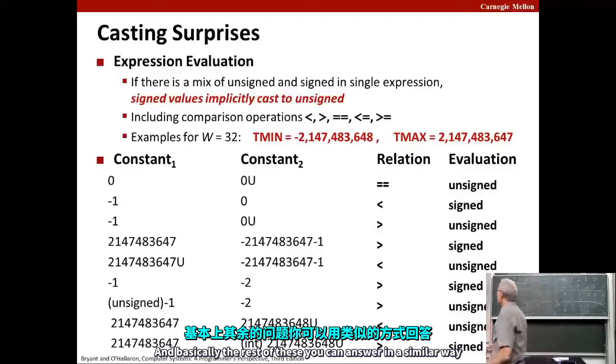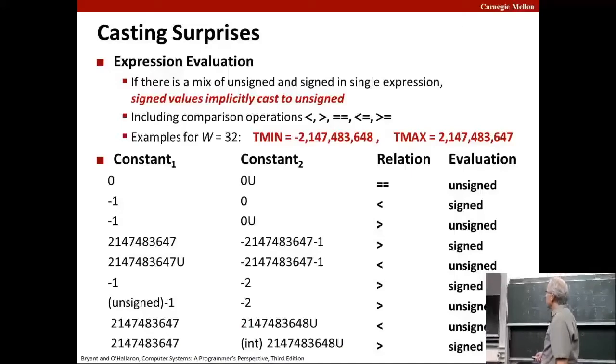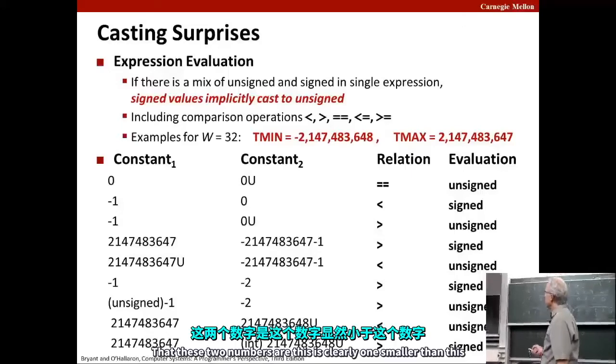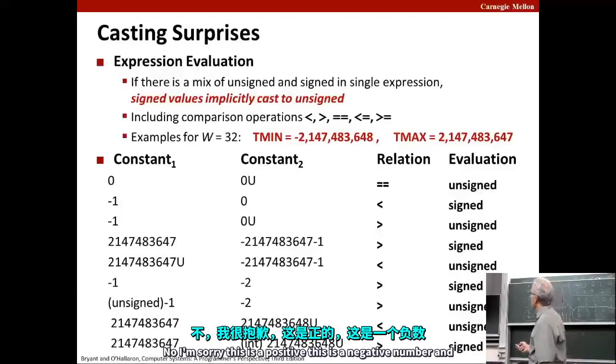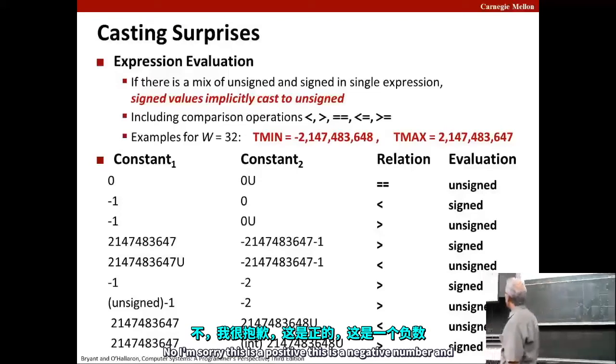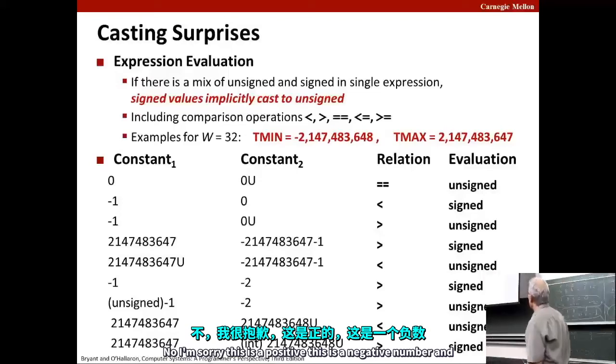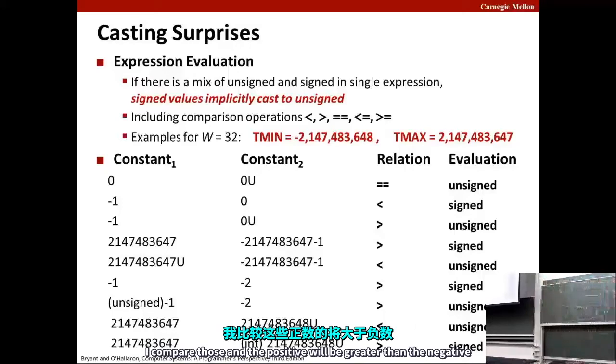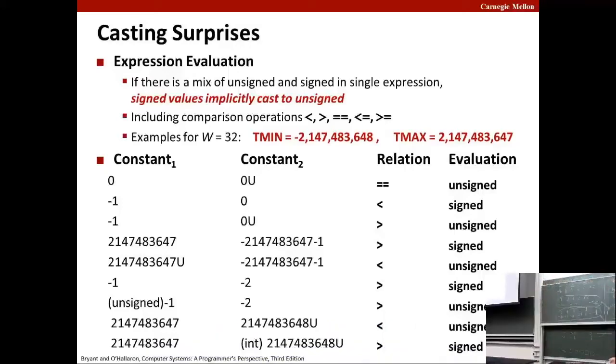Basically the rest of these you can answer in a similar way. This is a positive number, this is a negative number, and when I compare those, the positive will be greater than the negative.